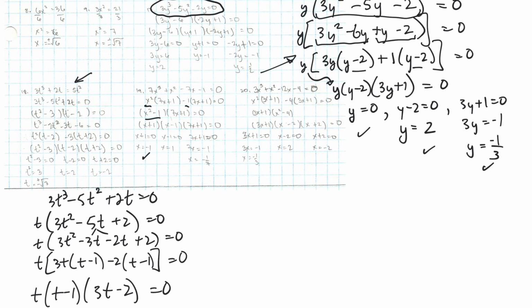So you get a -1, a 1, and a -1/7. Good. And then 20 looks to be a group factor as well. Take x squared out, take a -4, so you get that, and then you can factor this. Good. So you get 2 and -2 and -1/3. Good. Yep.